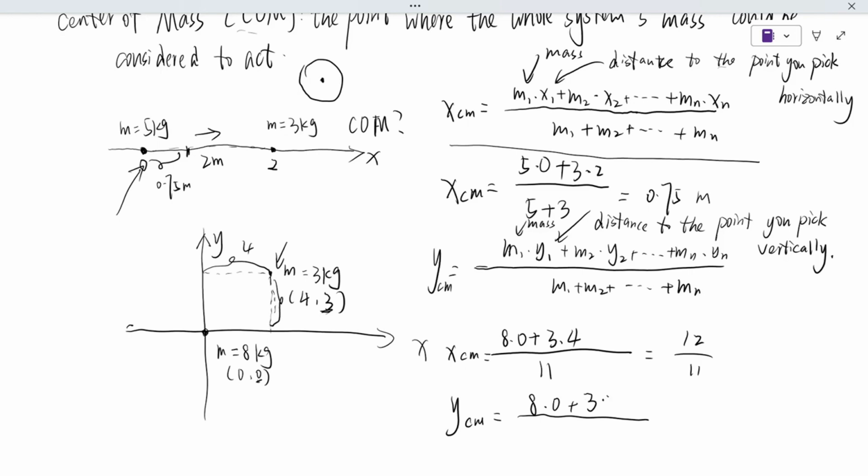So 3 times 3 here, and then over the sum of mass, 8 plus 3, which is 11. You get 9 over 11. So the center of mass is at the position of 12 over 11 and 9 over 11. This is a coordinate which is around here. Yeah, that's easy, right?